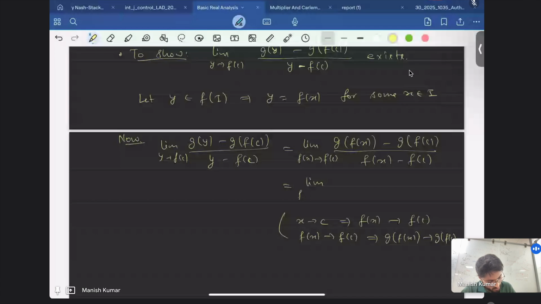This is due to continuity of f at c, and this is due to the continuity of g at f of c. Now this limit I can replace by x going to c, because this is equivalent to saying that x goes to c if and only if f of x goes to f of c. So I can now write this as the limit x going to c of x minus c, let me write it as reciprocal.